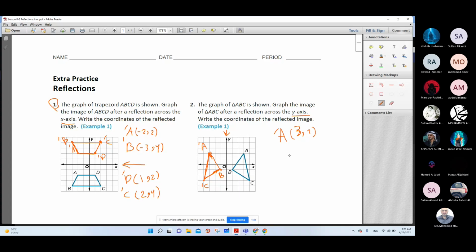B prime, we have minus 1, minus 1. And C prime, we have here 4, minus 3.